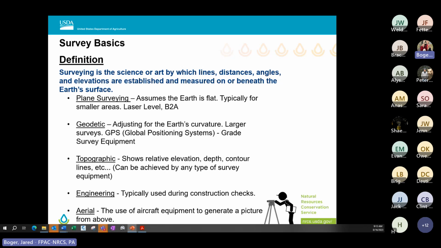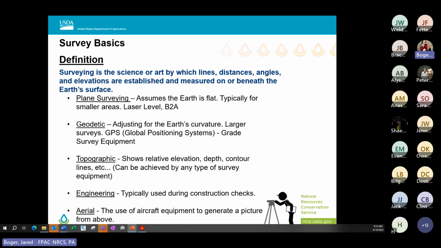Here's a few different types of surveys. Plane surveying. This is assuming that the Earth is flat, and typically what we'll use is a laser level and a B2A. These two types of equipment you will be seeing here in a couple weeks, and the stations that you'll be using will use these two types of equipment. Geodetic surveys.